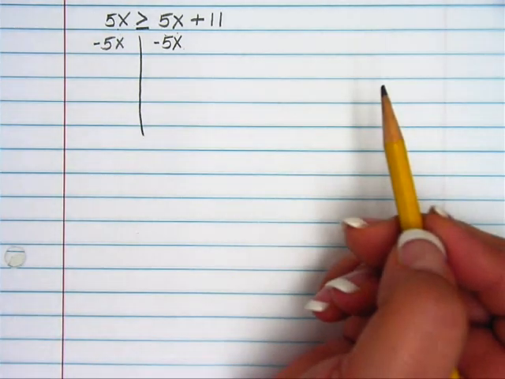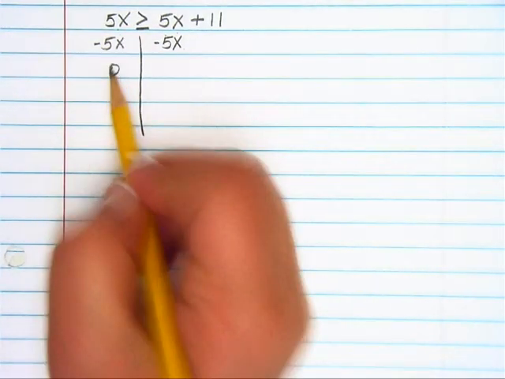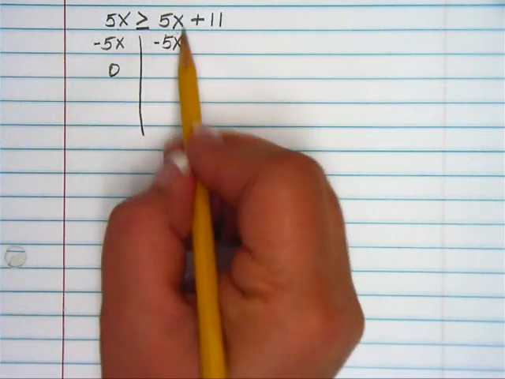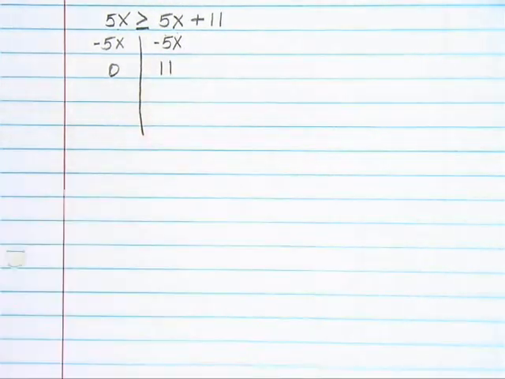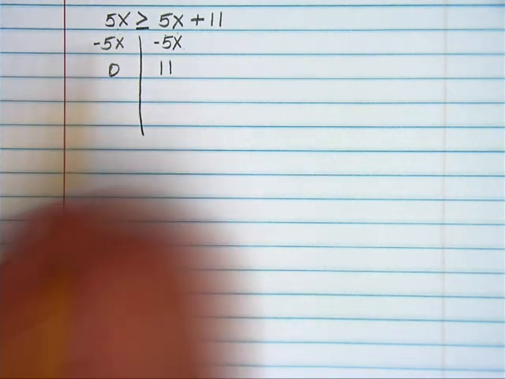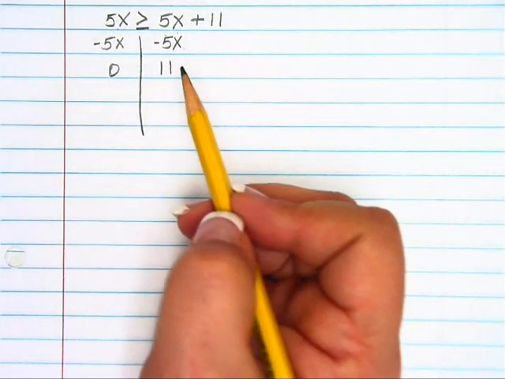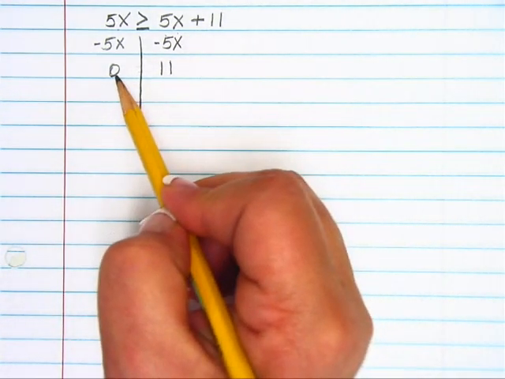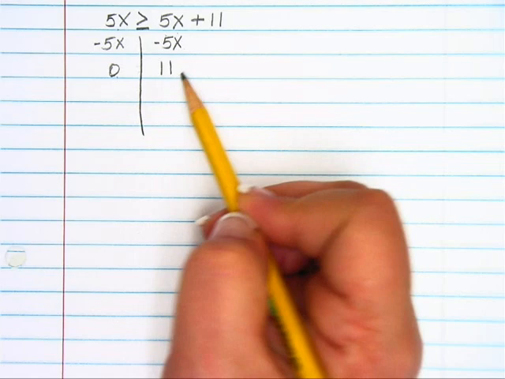Now when I do that, I get 0 on this side, and I get 11 on this side. Now, if this had just been an equation, I would have had an equal sign, and I would have said no solution, because no way does 0 ever equal 11.